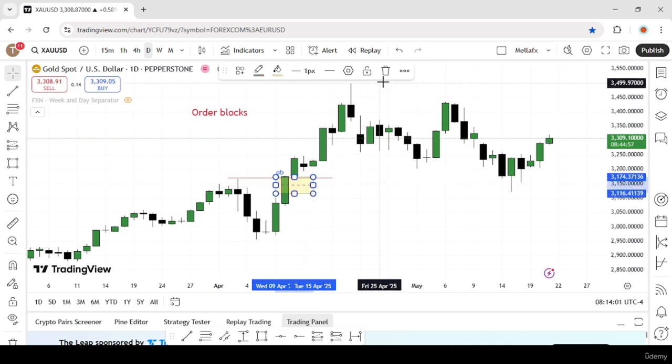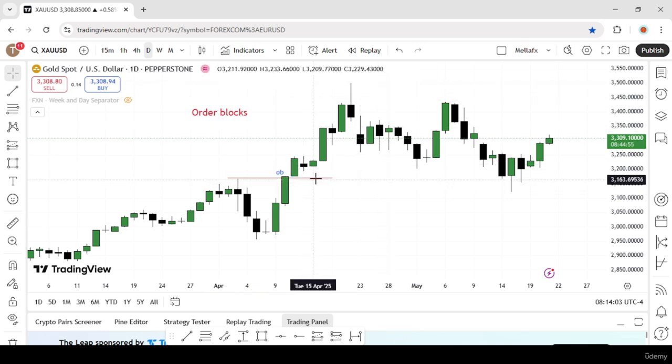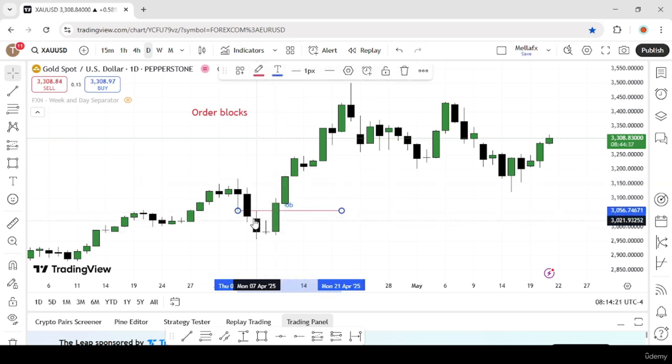Sometimes we may get a retest on this order block and sometimes we do not. And also, if you are planning to use an order block, remember you place the stop loss at the low of this order block. For example, if this is the order block that you'll be using here, just place your stop loss at the low of this order block, and the entry should be at the high.